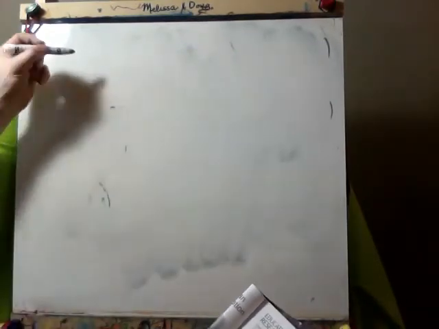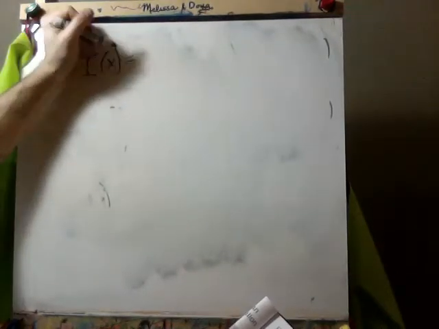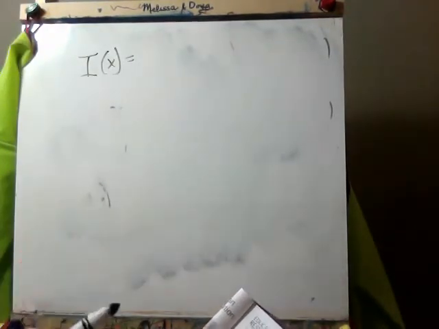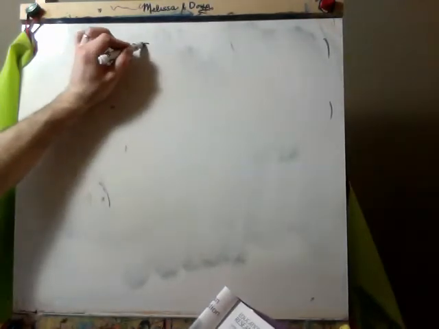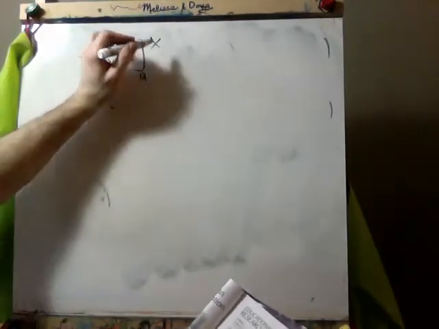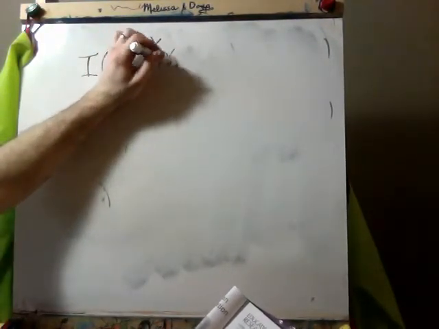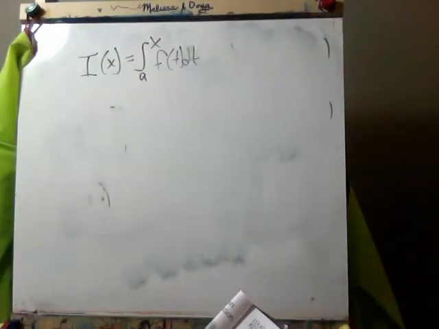Another thing to remember is when you're dealing with a function, say I of x, you can define this function in a lot of ways. One way to do that is to write the integral from a to x of some function evaluated at t.